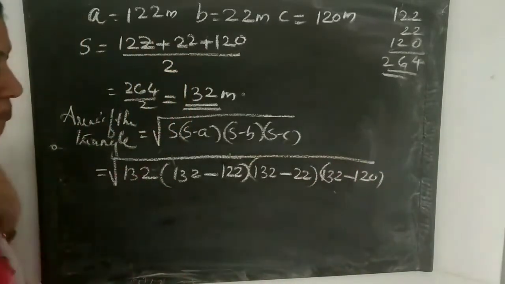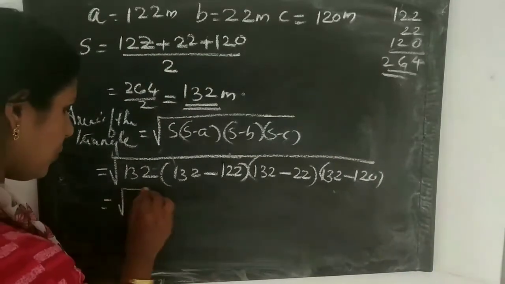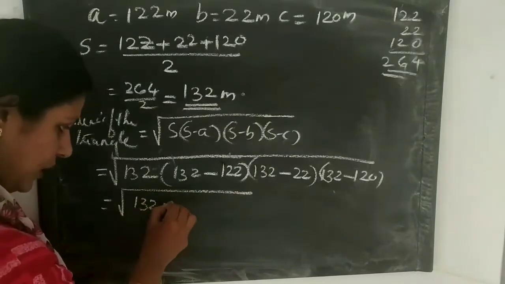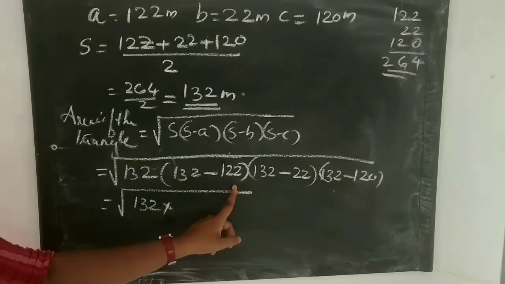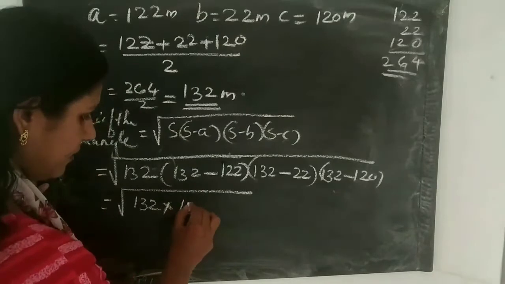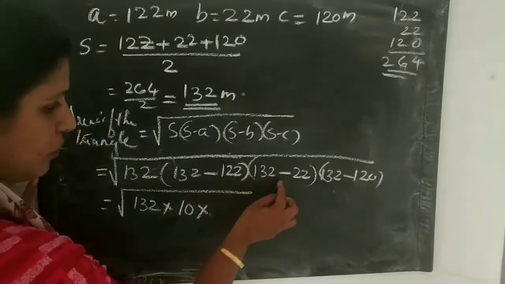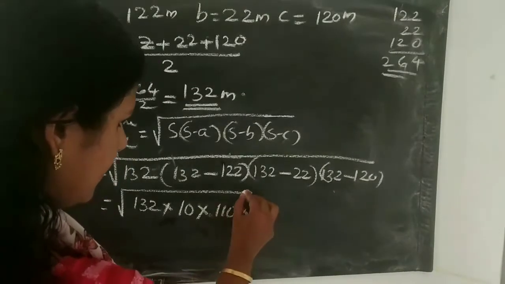See children, very big one. Then root of 132 into 132 minus 120. 132 minus 22 is 110, isn't it?